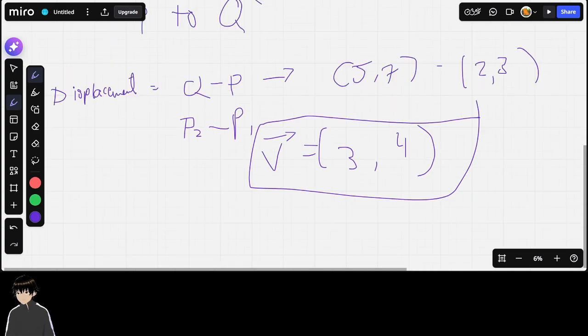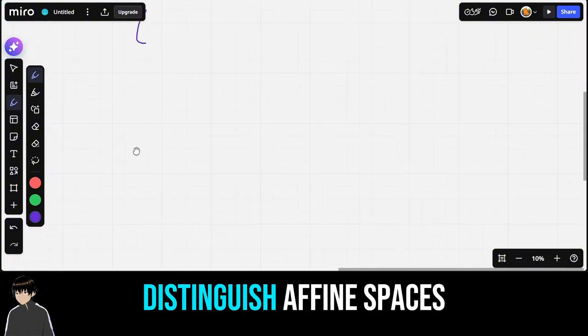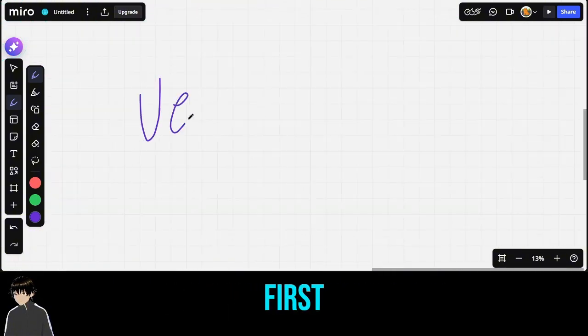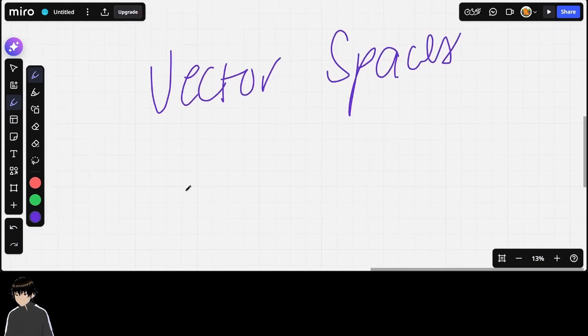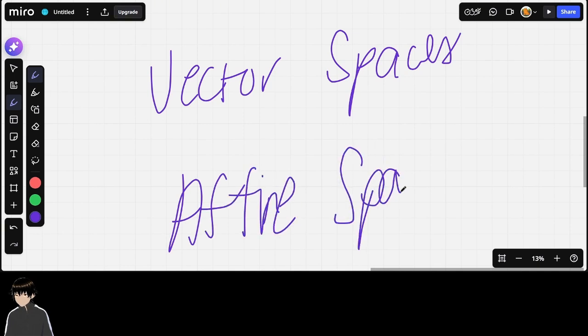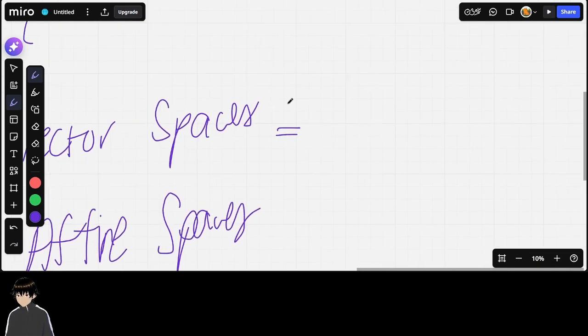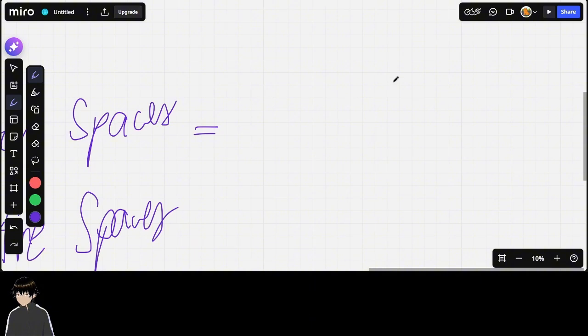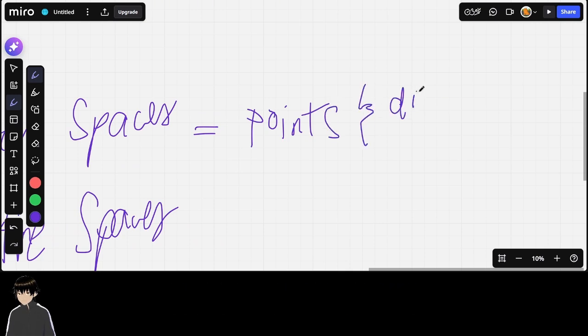And the distinction, okay, you have to distinguish affine spaces and vector spaces first. In vector spaces, you can talk about points and direction together.